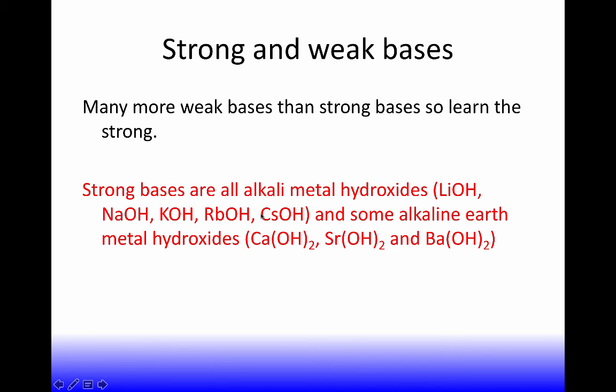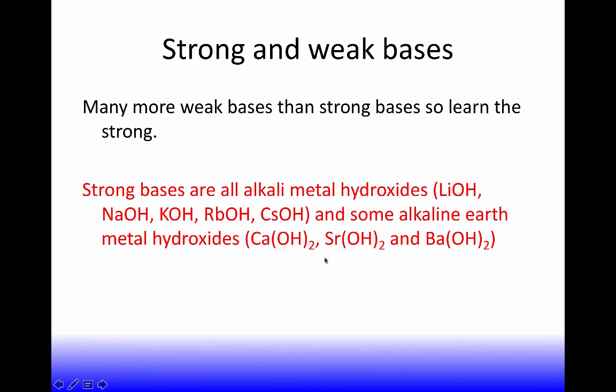Now, take out a periodic table and look where lithium, sodium, potassium, rubidium, and cesium are. And you will notice that they are all alkali metals. So an alkali metal hydroxide, OH is a hydroxide, those are all strong. So that's 5 of them right there. Now the other 3 are alkaline earth metal hydroxides.